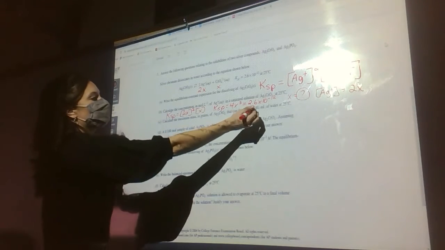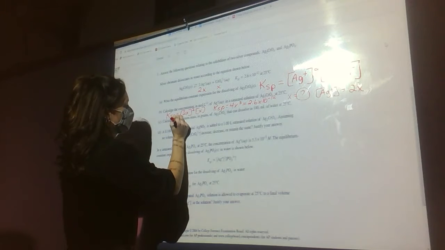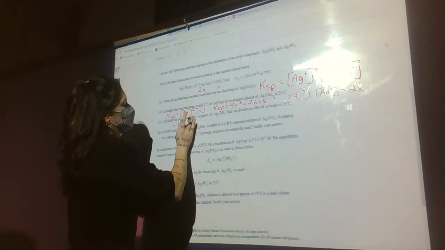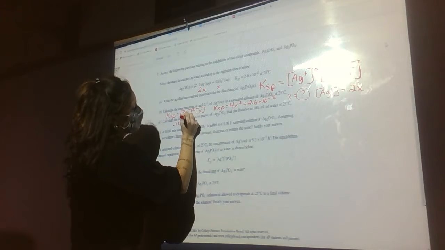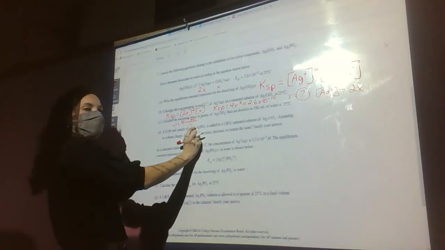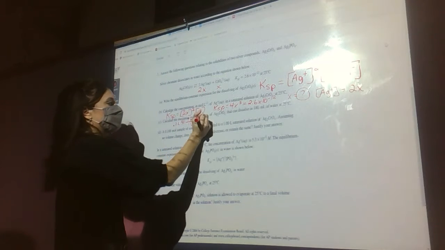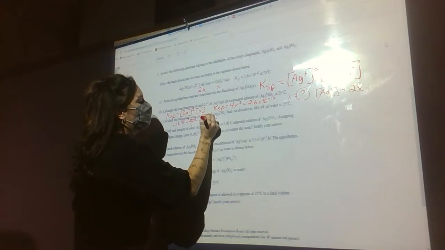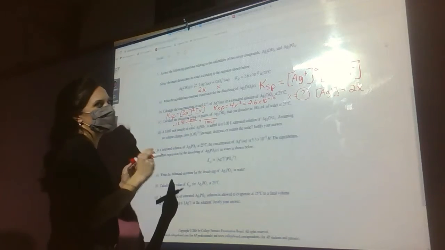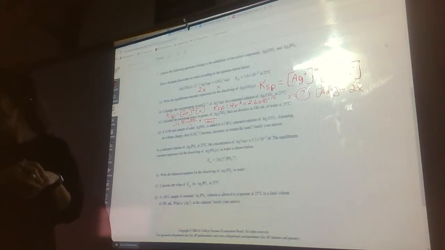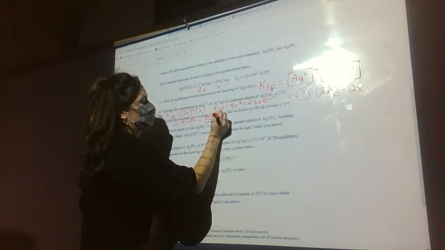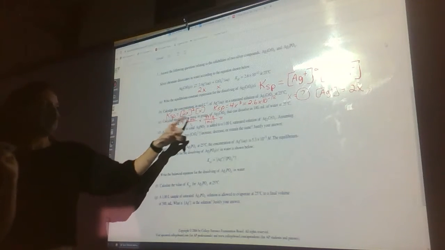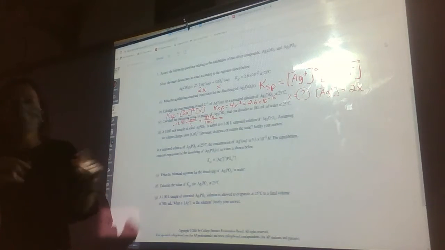So 0.1 liters, times the molarity, question mark moles over 1 liter, and then 1 mole is the molar mass of silver chromate. Anybody have that? 3 something? 331. Multiply across the top times question mark, whatever that was, and that will give you your grams.